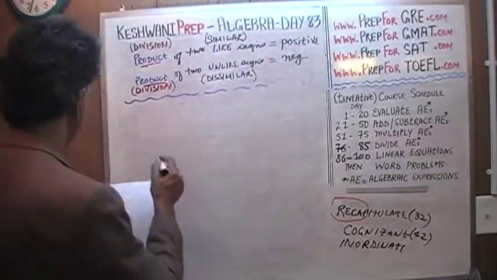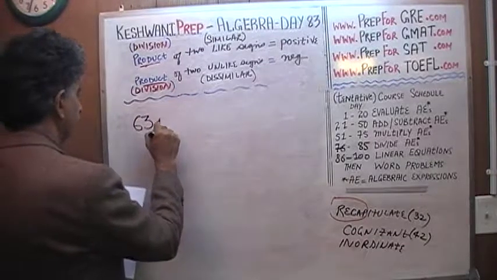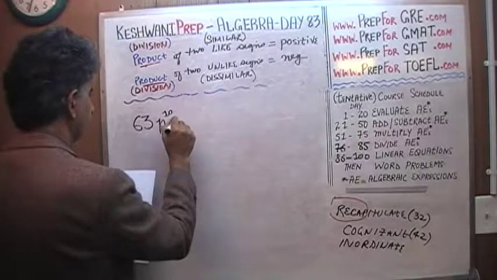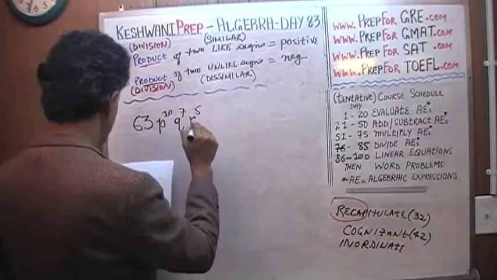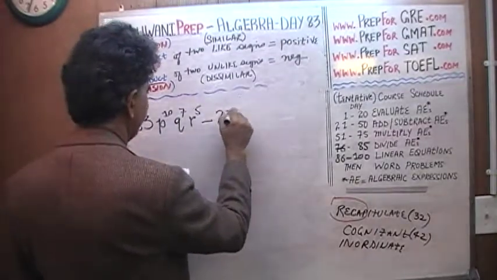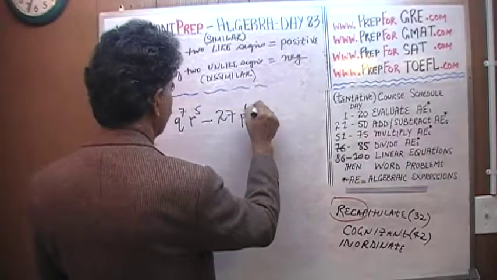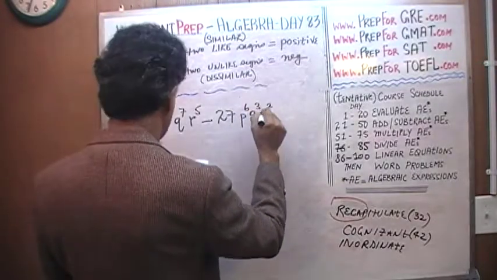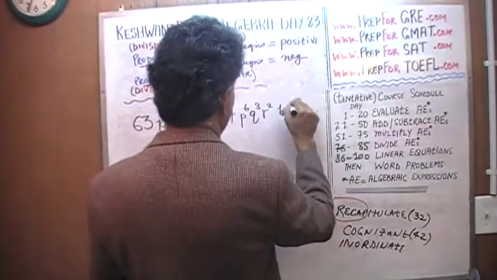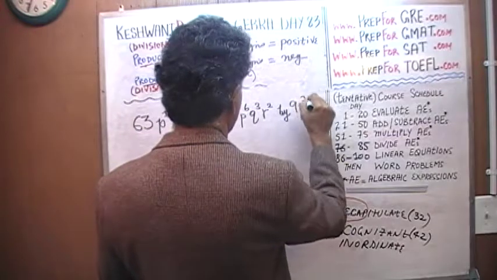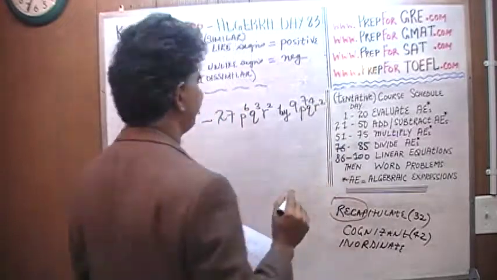Here's the problem. 63 p raised to 10 q raised to 7 r raised to 5 minus 27 p raised to 6 q raised to third r squared by 9 p raised to 7 q raised to 4 r squared.